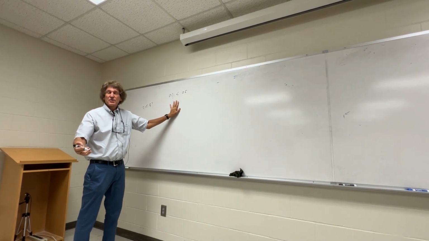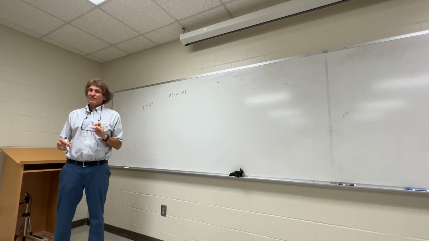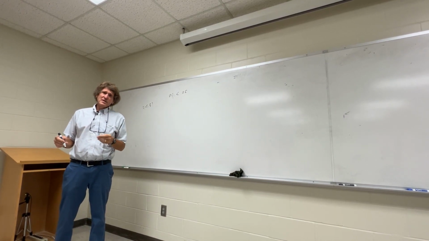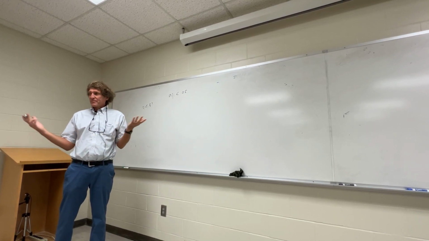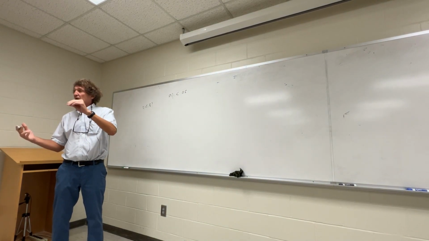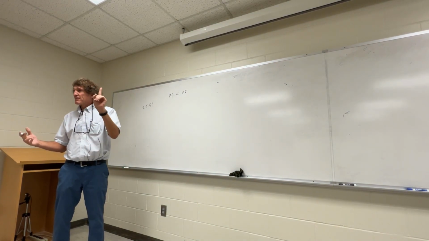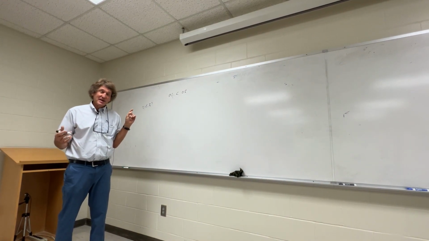Y'all follow me? So if the probability of x being less than or equal to 1 is 1/2, that tells you that the mean value is 1. It's got a 50% chance of being less than 1, 50% chance of being greater than 1.